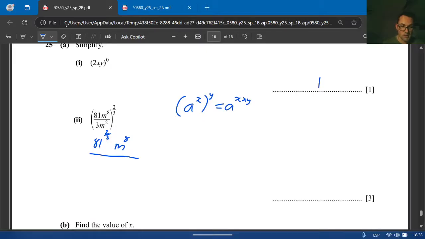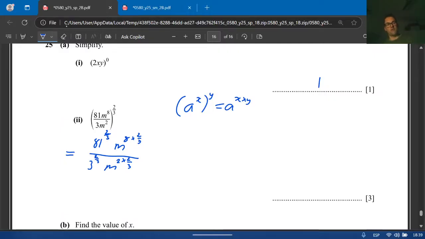So 8 times 2/3. Okay, the 3 there, that's to the power of 2/3, and then the last one, the 2 to the power of 2/3. My goodness. Well, that's a start.